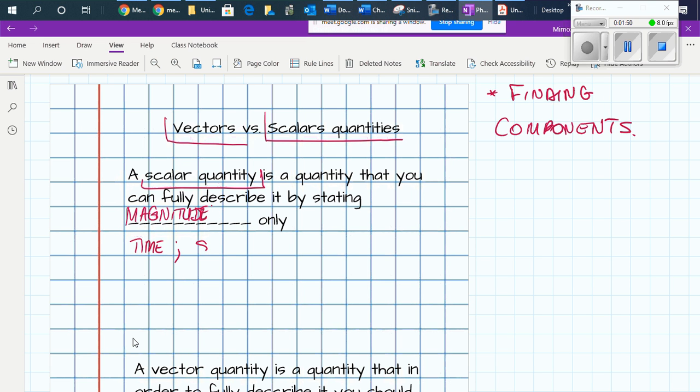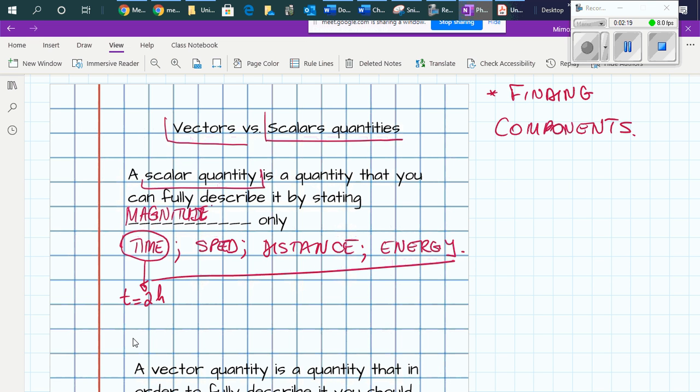When we are talking about a scalar quantity, then we are talking about quantities like time, or speed, or distance. And even when we are saying energy, it is the same thing, we are talking about a scalar quantity. To fully describe this quantity, what we need is just to say that you are driving for 2 hours.